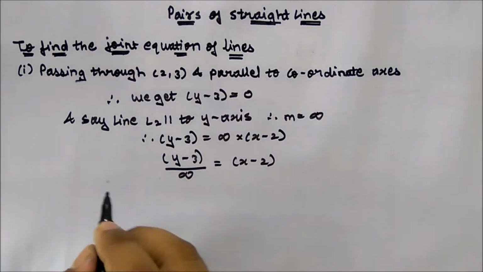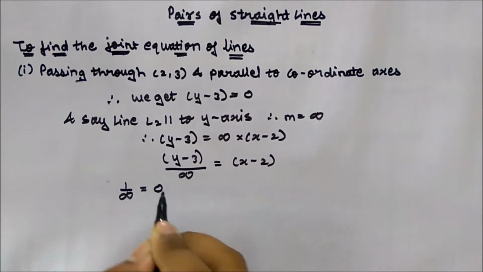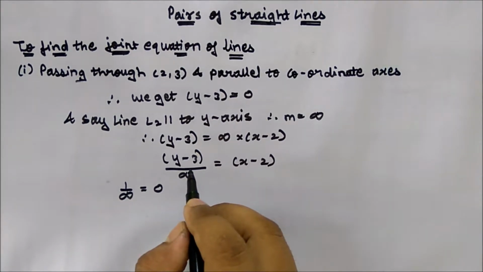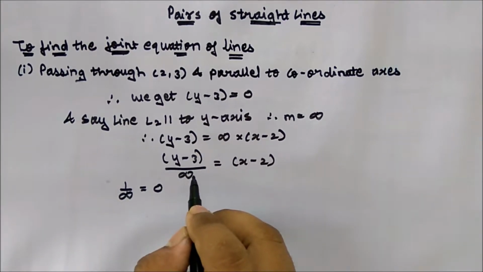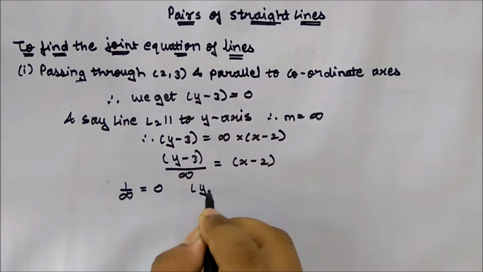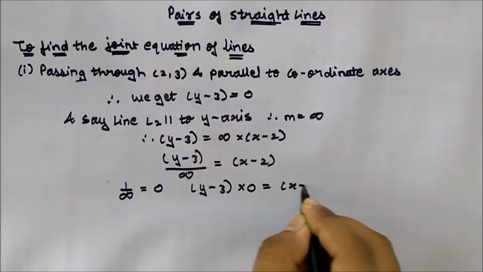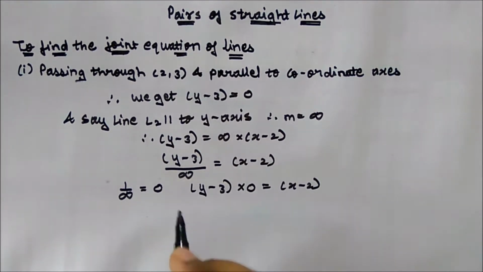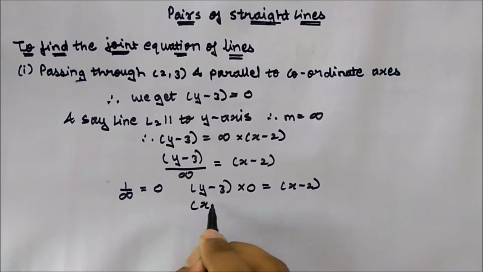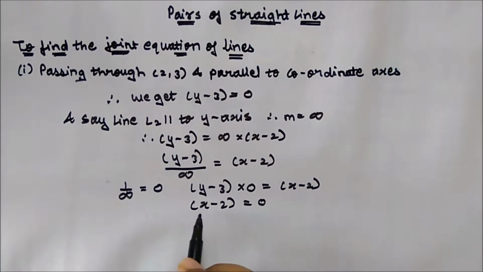Now we know that 1 by infinity is equal to 0. So this is 1 by infinity. That means (y minus 3) into 0 is equal to x minus 2. Therefore, we get x minus 2 equal to 0 as the equation of line L2.